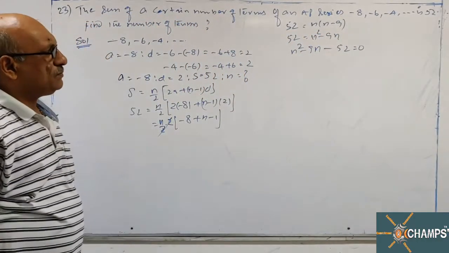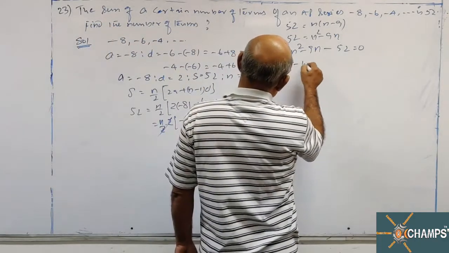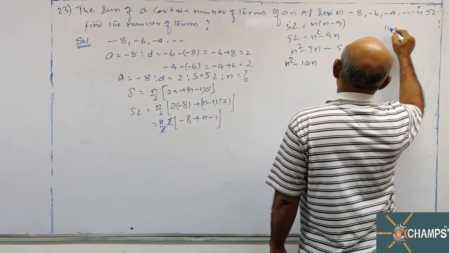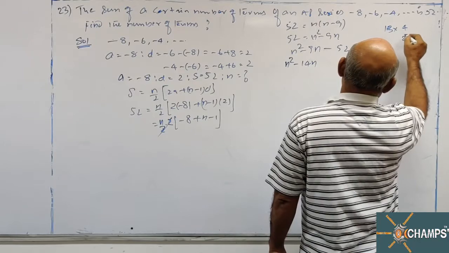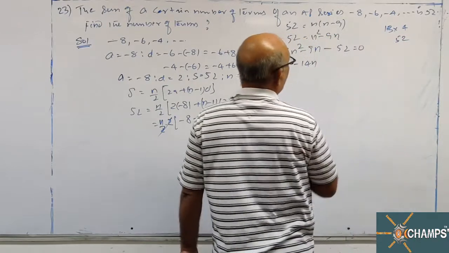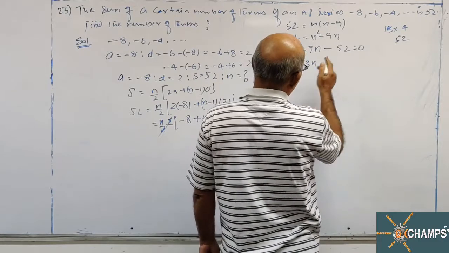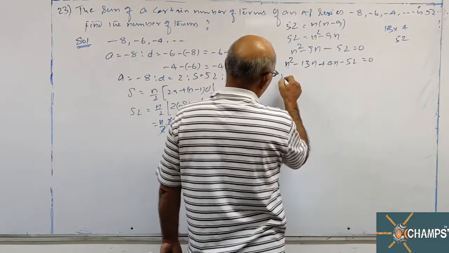Factors of 52: 13 into 4. So this is N square minus 13N plus 4N minus 52 equal to 0.